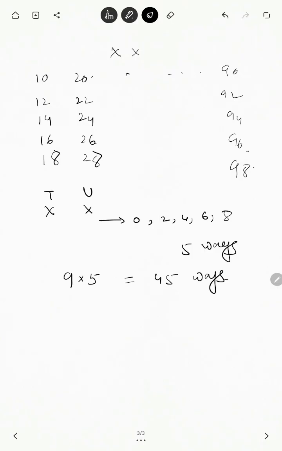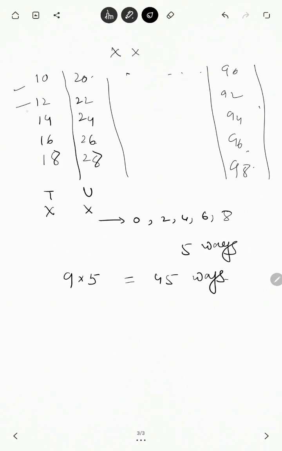Now, you can count in how many columns you have: 9, 1 to 9. And how many rows you have? 5. To choose 1 digit out of 9, 9 ways. To make it an even number, out of these, 5 ways. So 9 into 5, 45 ways. This is the fundamental theorem of counting. And this is exactly what we are going to use for permutation and combination.